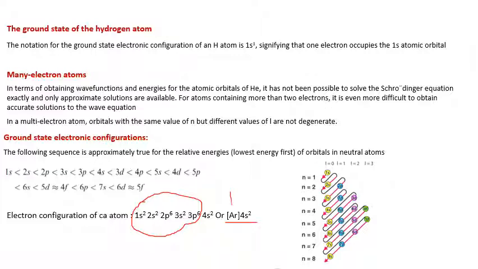So this is a noble gas configuration, argon. You can represent it within third bracket, and then you can put 4s2. So it is the electronic configuration of calcium. This is 18 plus 2, 20. So this is how one can write the electronic configuration of any atom, provided you know the atomic number. Then you can write the electronic configuration.